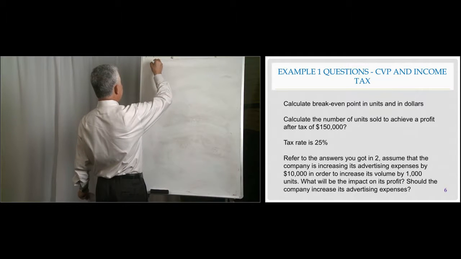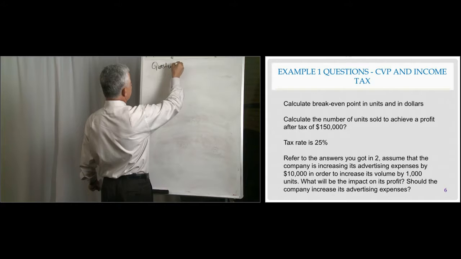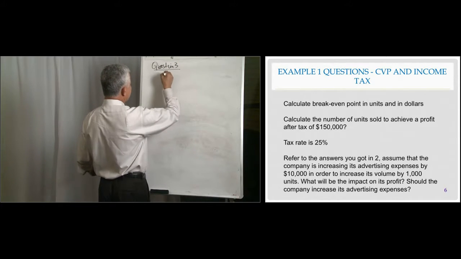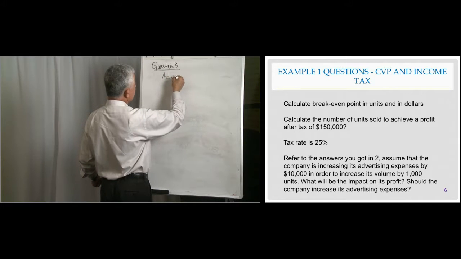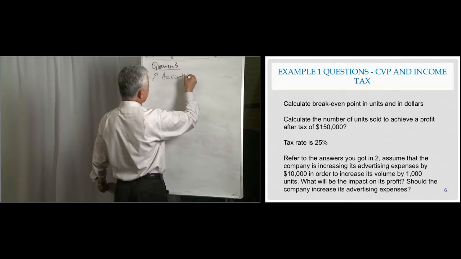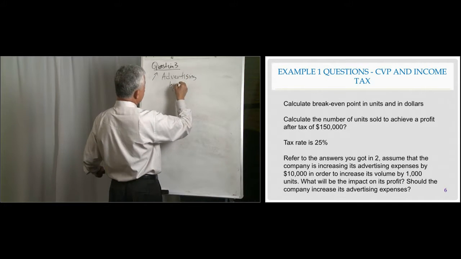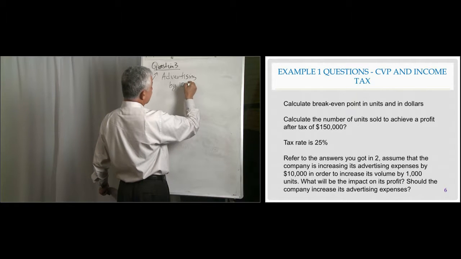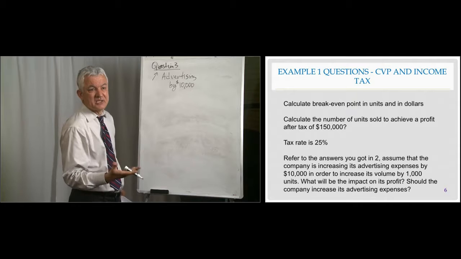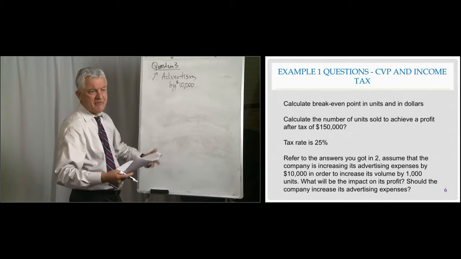Question 3. Okay. So we said that when we increase our advertising by 10,000, and advertising expense is a typical example of discretionary fixed cost, like maintenance, like research and development.